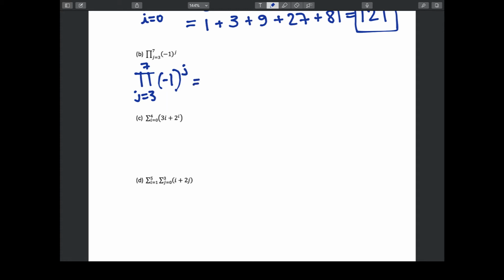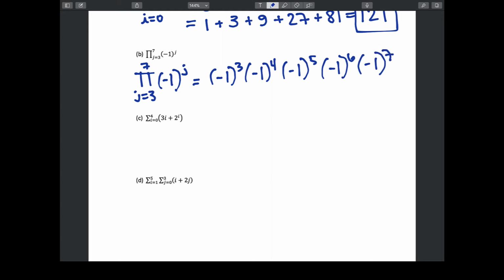So the first piece is -1 cubed times -1 to the 4th times -1 to the 5th times -1 to the 6th times -1 to the 7th power.